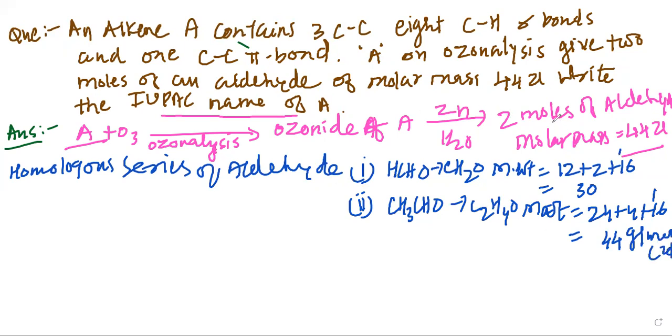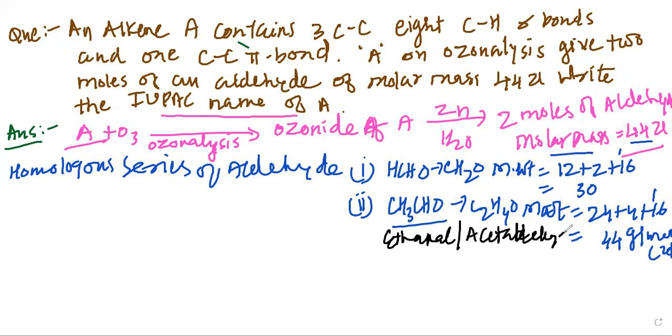That means the 2 moles of aldehyde of molar mass 44 u that we get is nothing but acetaldehyde, or ethanal. So the product you get is ethanal, or acetaldehyde.